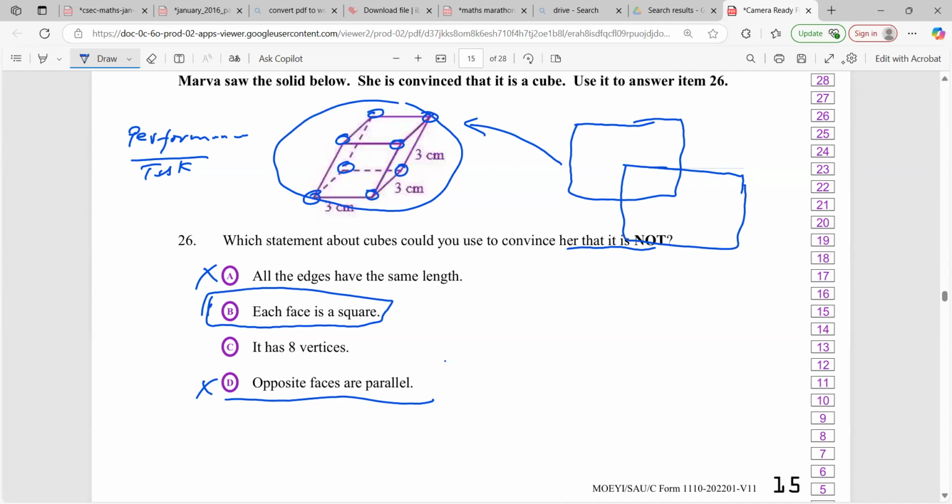Which one of them is out for this? The students were saying, sir, that they squeezed it up so it's not like a square. The length would probably work different. But all of them here are characteristics of a cube. All the edges are the same length. Each face is a square. It has 8 vertices. Opposite faces are parallel.